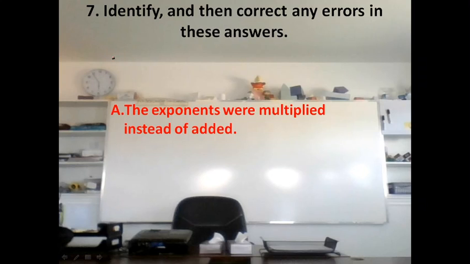So if you have something like 3 to the power of 2 times 3 to the power of 3, in this case, you are going to add those exponents, 2 plus 3, and give yourself 3 to the power of 5. However, some people might make a mistake and multiply these numbers and wind up with 3 to the power of 6, which would be the wrong answer. So that's one mistake some people can make.